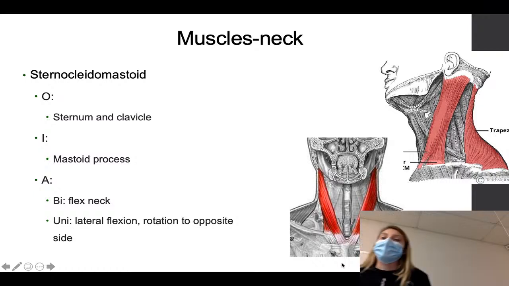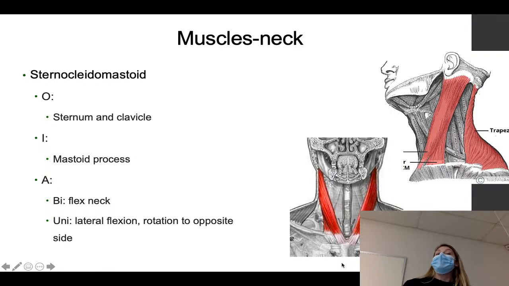So the sternocleidomastoid is going to start on the very medial inside end of that clavicle and the sternum. So sternum, cleido is referring to clavicle. And lastly, mastoid. It is going to insert on that mastoid process, which I talked about last time, that bump behind your ear. This bump right on the side.